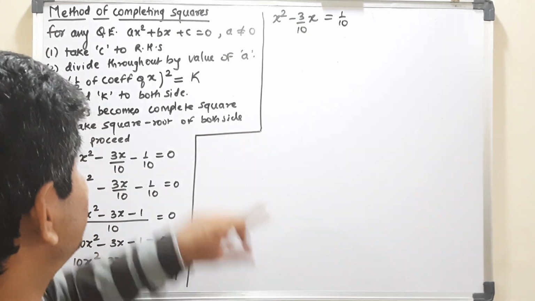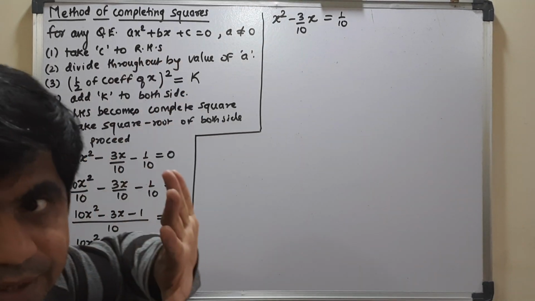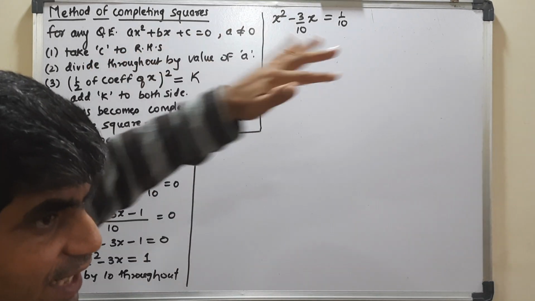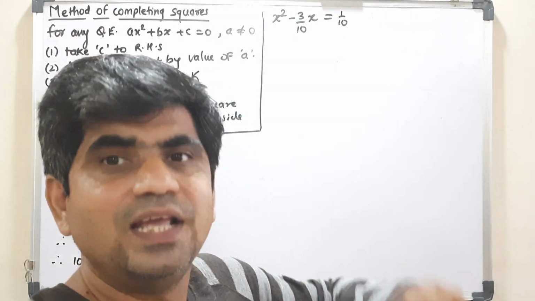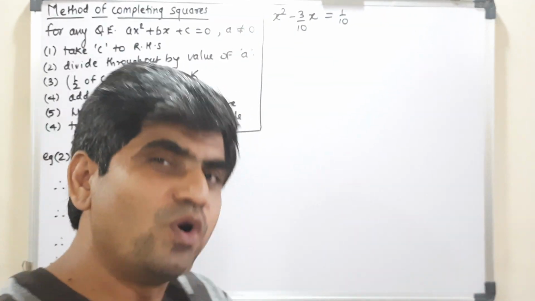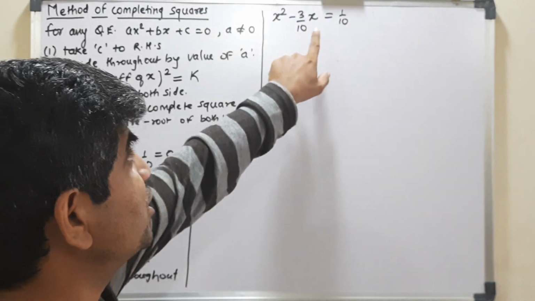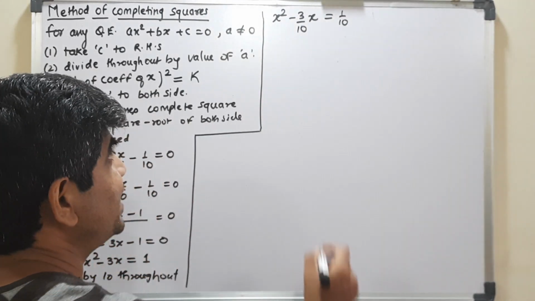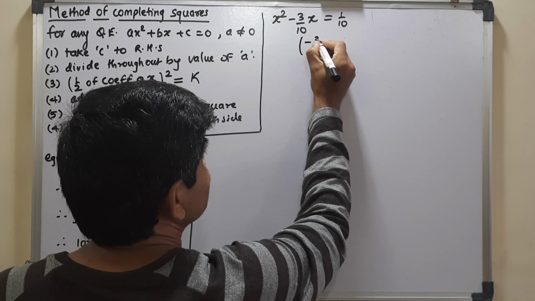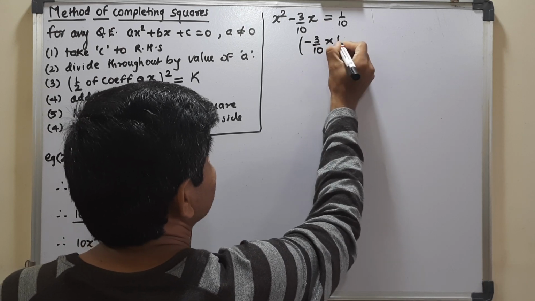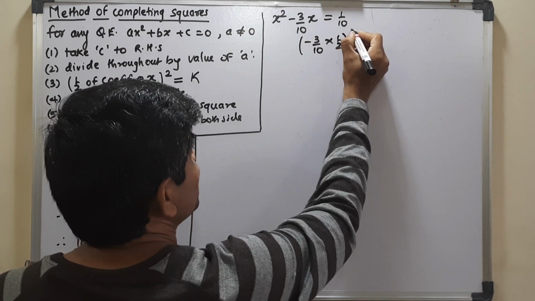Okay. Step number 1 completed, step number 2 completed. That is c taken to RHS, divided by a. Now whatever is the new coefficient of x, the new coefficient of x is minus 3 by 10. Write it in the center and make half of it. Okay, and square it.